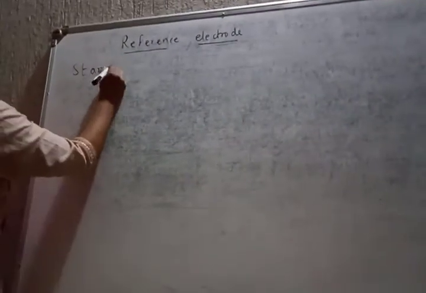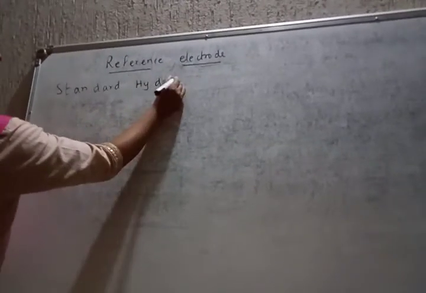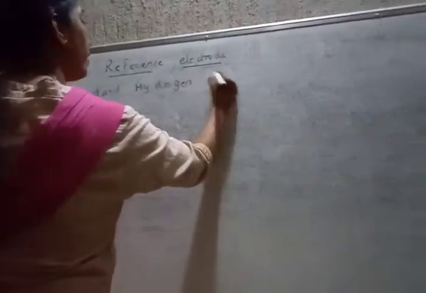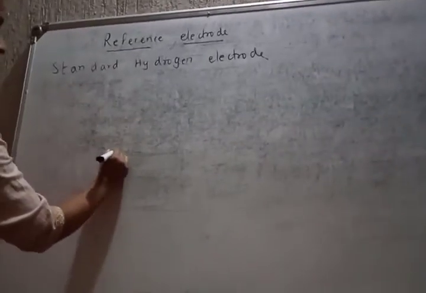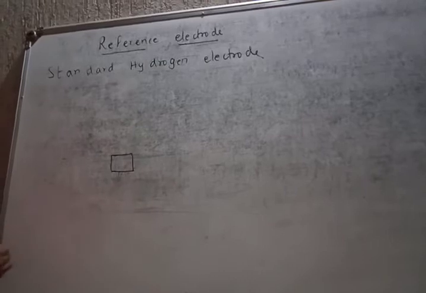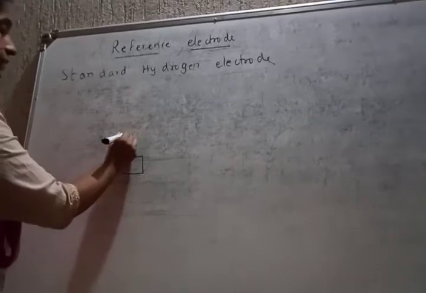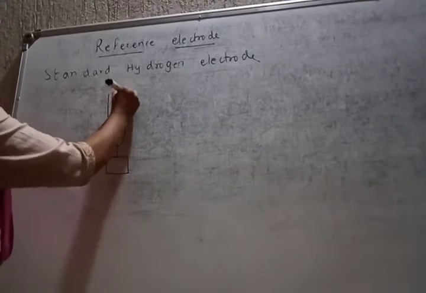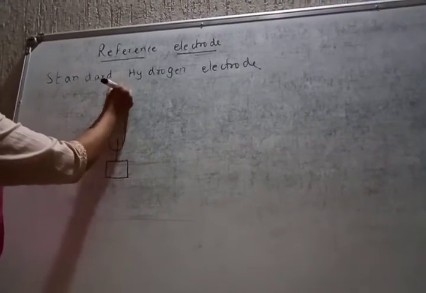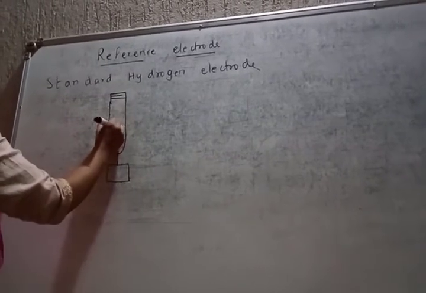What is the standard hydrogen electrode? It is called SHE, the standard hydrogen electrode. The diagram goes like this. There is a platinum plate coated with platinum black. It is made to pass through a U-tube.